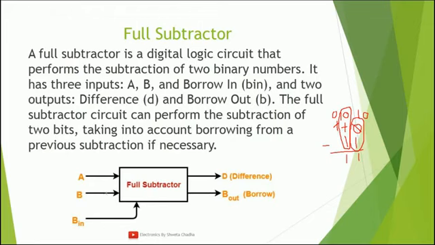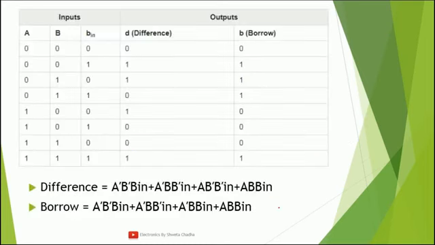A and B are the two inputs. B in is the borrow which has already been given to the previous term, and finally the outputs will be difference and again a new borrow. So this is the truth table for that, and we want to perform A minus B minus B in.